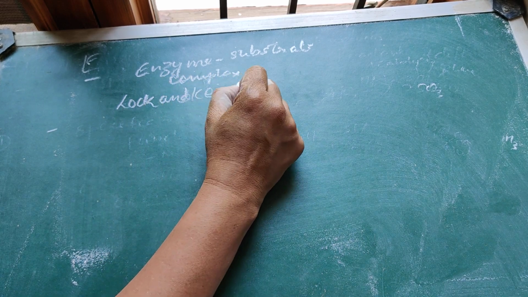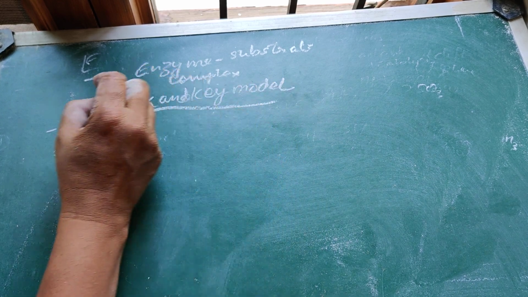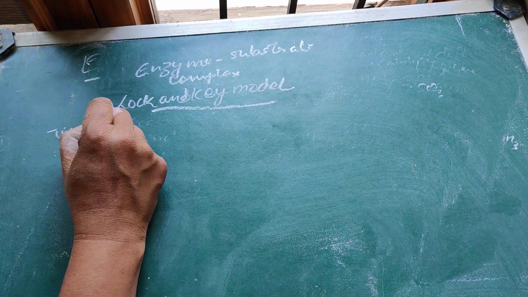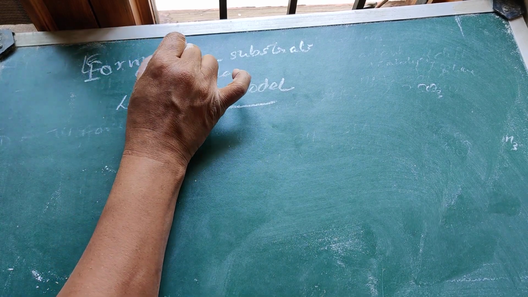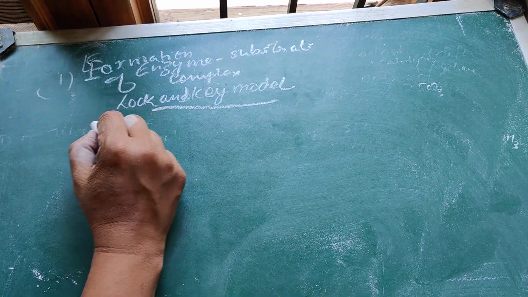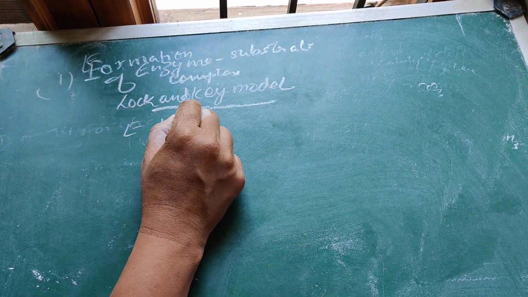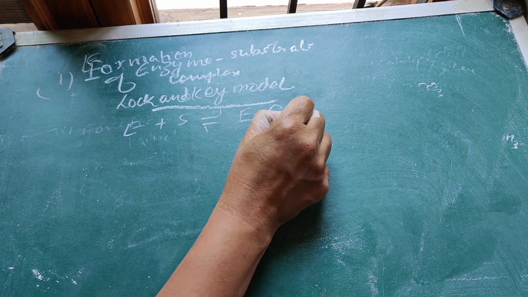Which type of mechanism is this? Lock and key model mechanism. So the first step is the formation of the enzyme substrate complex. How? Enzyme plus substrate forms enzyme substrate.